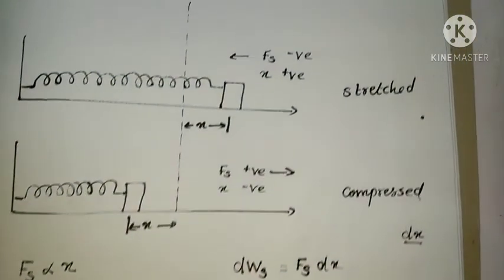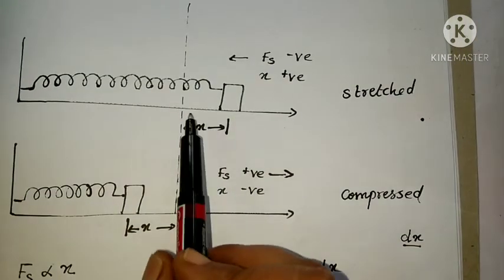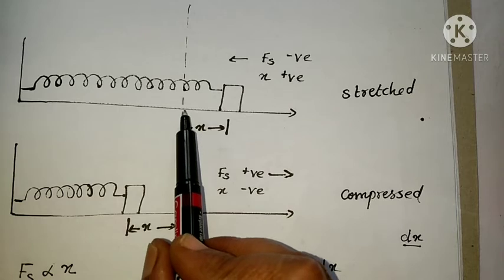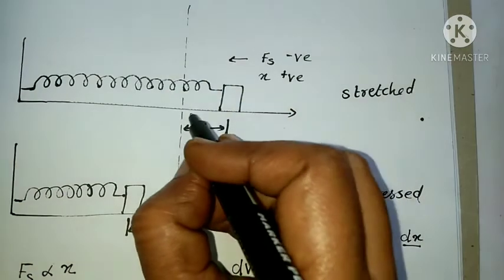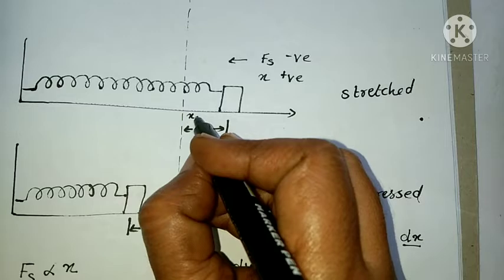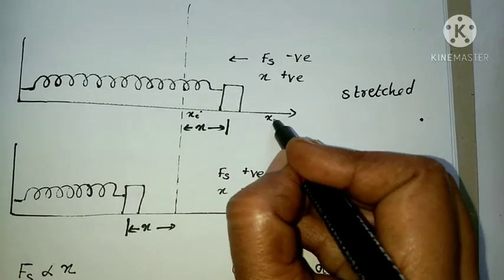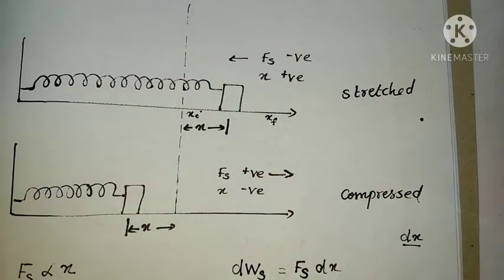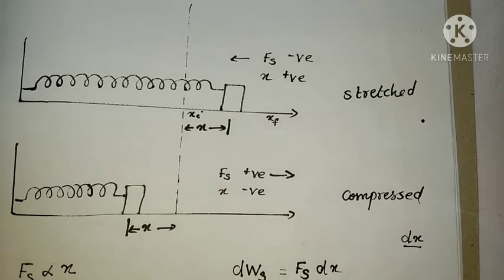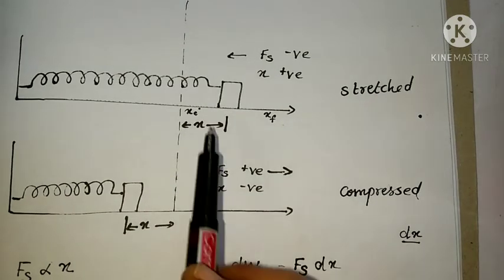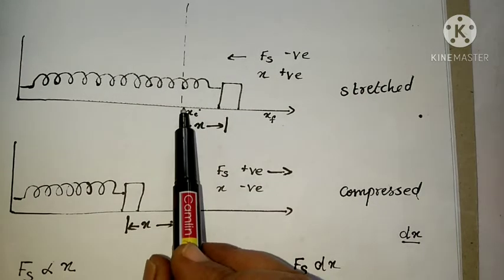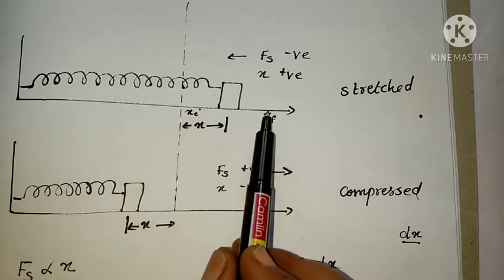In the same way, if the spring moves from an initial position xi to a final position xf, what is the total work done by the spring force? You have to integrate this small work done from the point xi to xf.